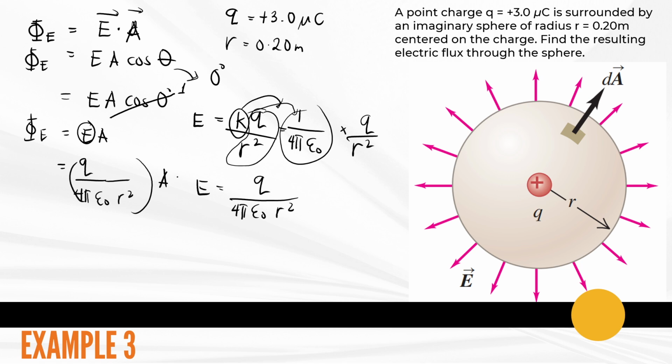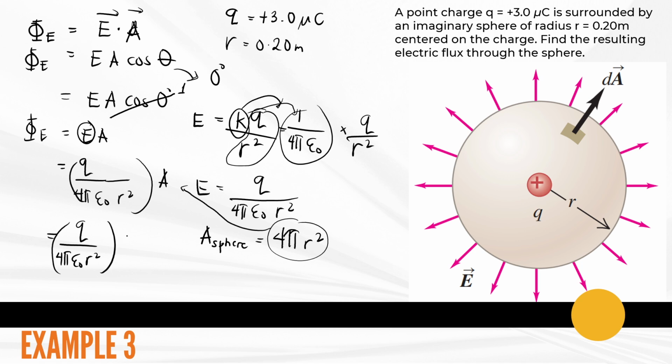Bakit surface area? Kasi, ang nilabasan niya is the surface of the sphere. So, if tanda mo, yung lesson mo dati sa geometry, that would be 4 pi r squared. Okay? So, itong 4 pi r squared natin, i-substitute natin siya dito. So, lagay natin Q over 4 pi epsilon naught r squared times, yung area ko is 4 pi r squared.